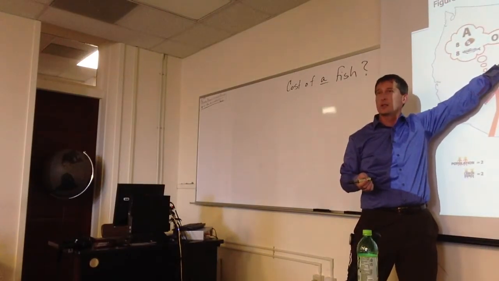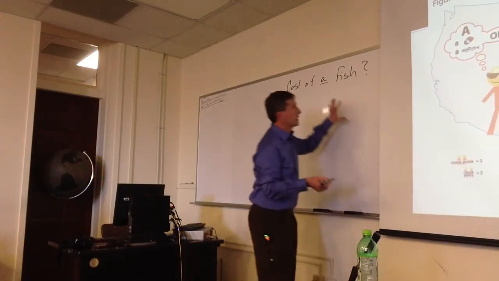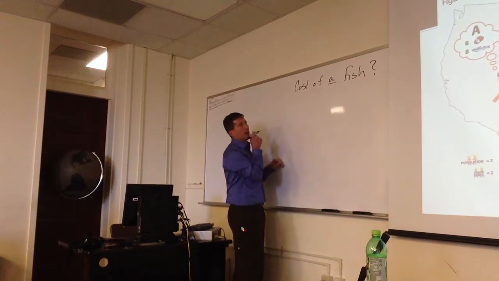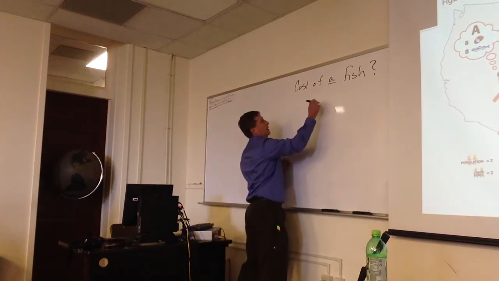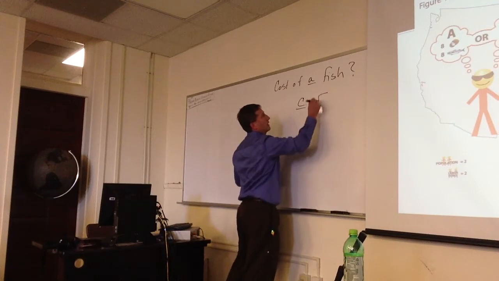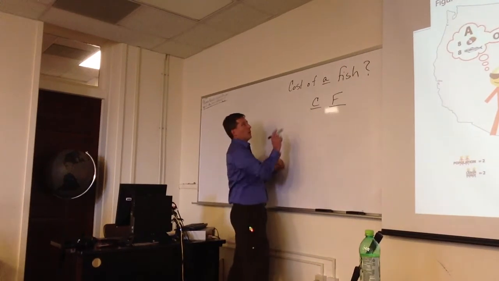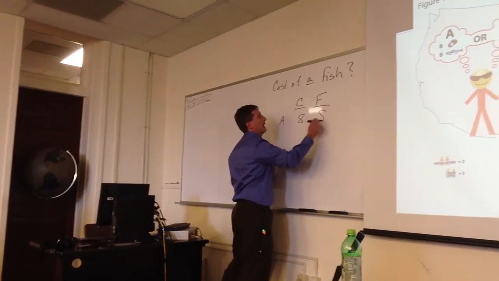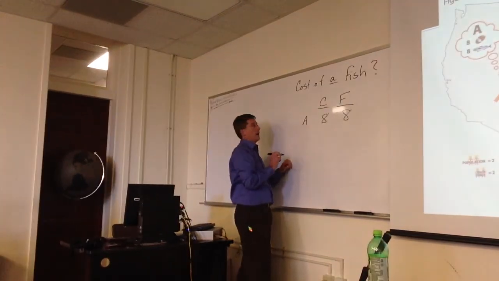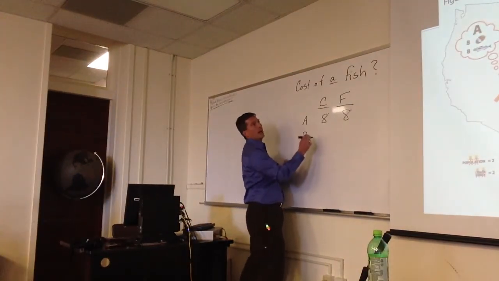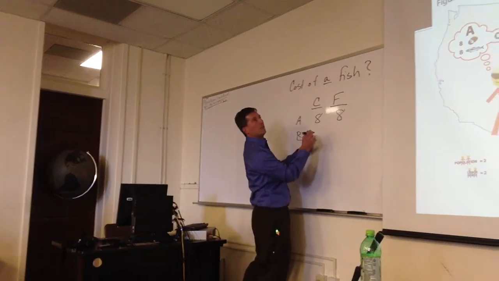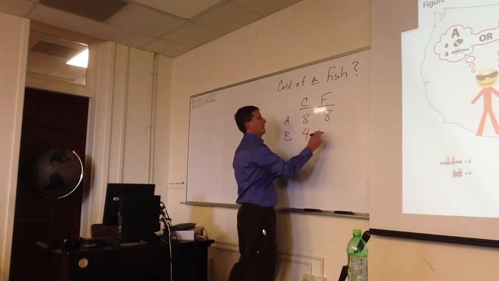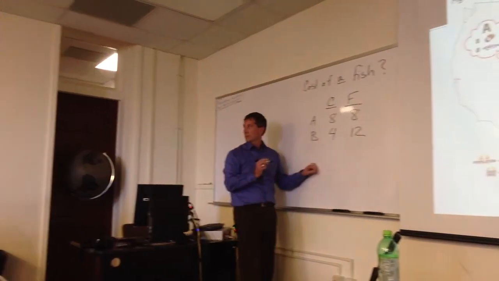Okay. So let's put those maybe in a little bit different form to help digest this. If we think about Tom's ability for coconut and fish, one possibility, combination A, is to have 8 and 8. Another possibility is to have 4 coconuts and 12.